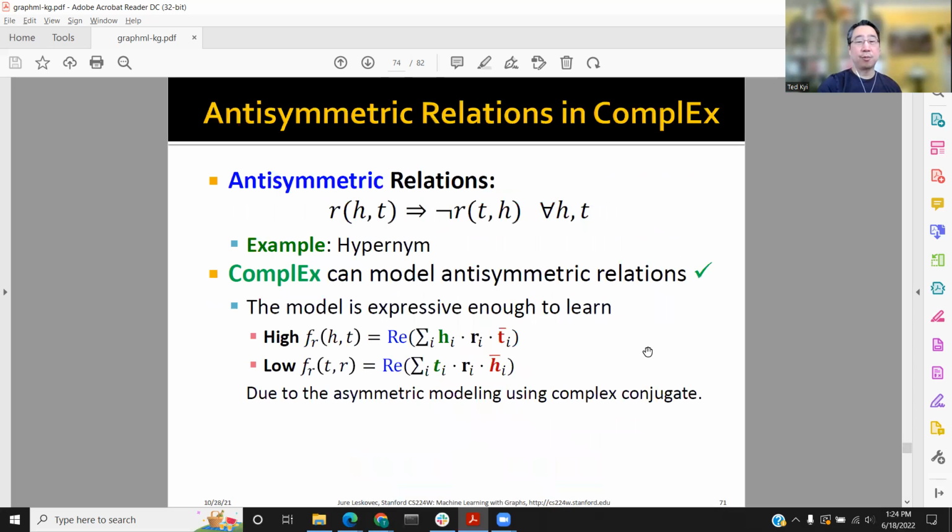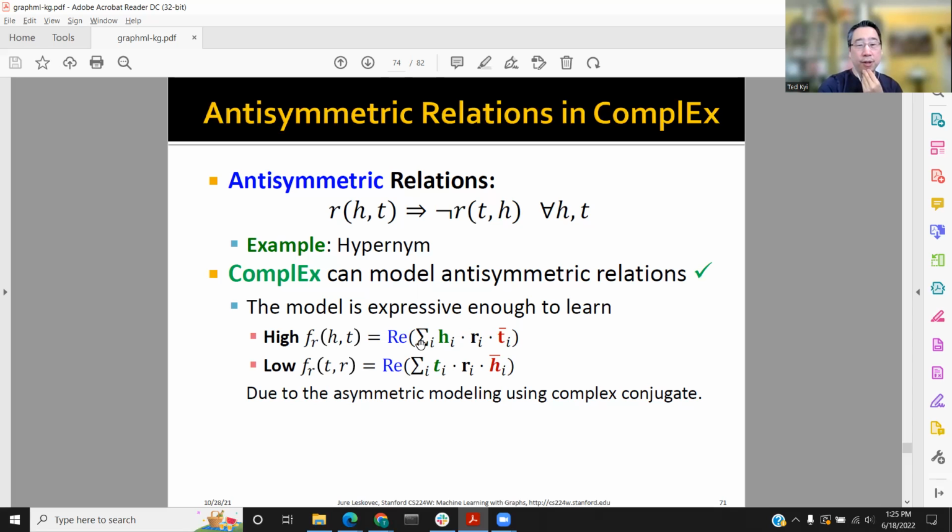So for the anti-symmetric relationships, like red is a color, but color is not a red. What you'll see is that the dot product of head r tail conjugate is not the same number as tail r head conjugate.